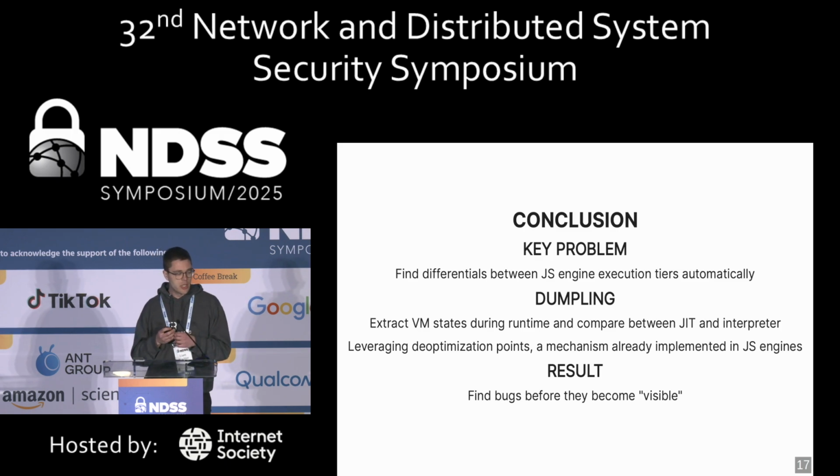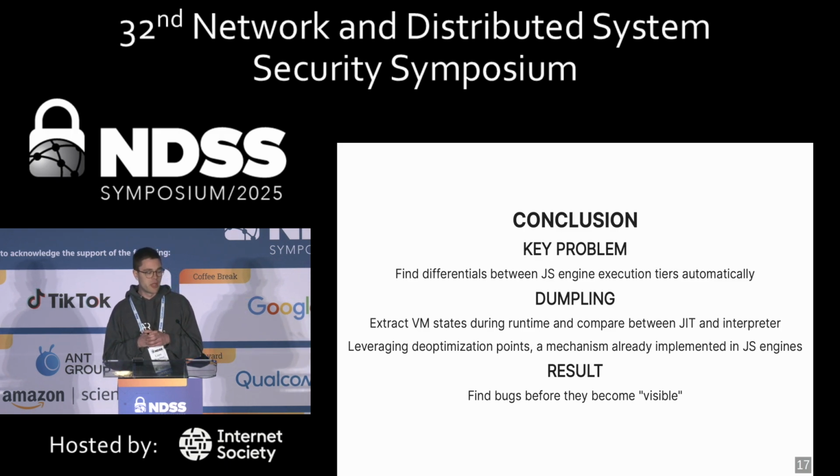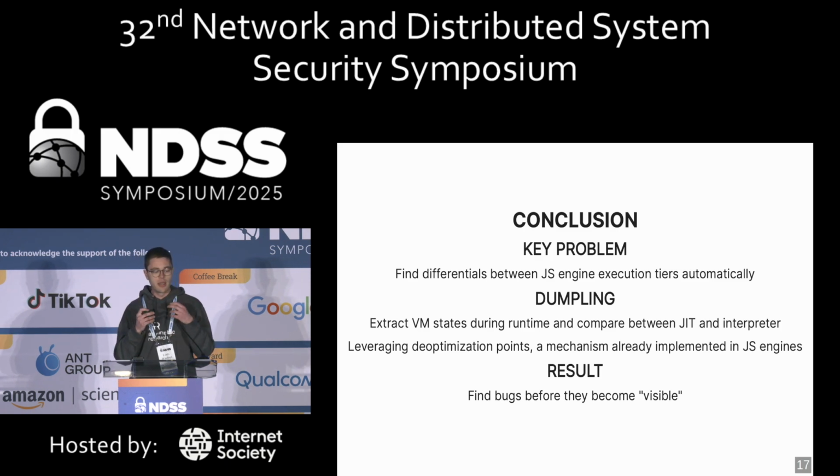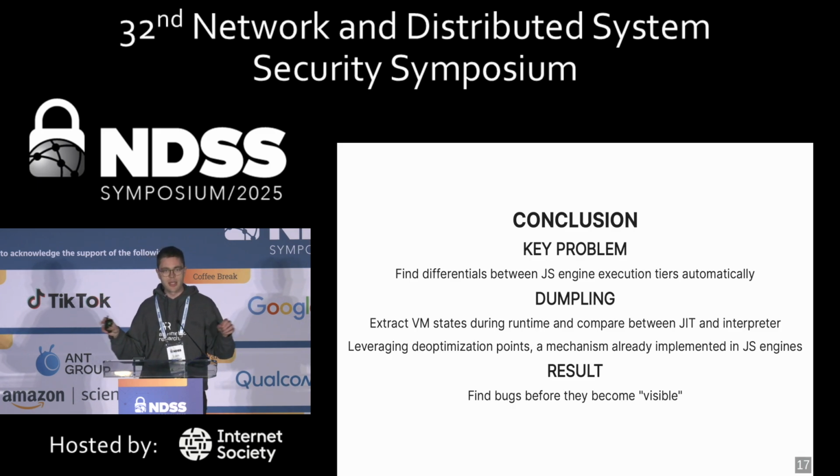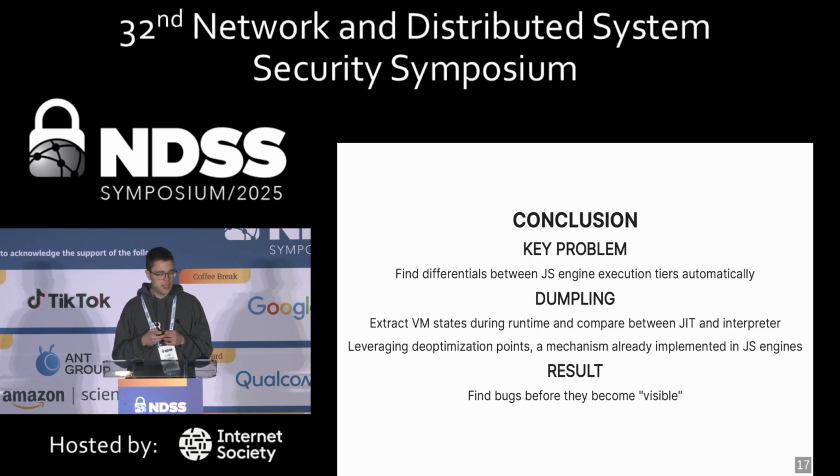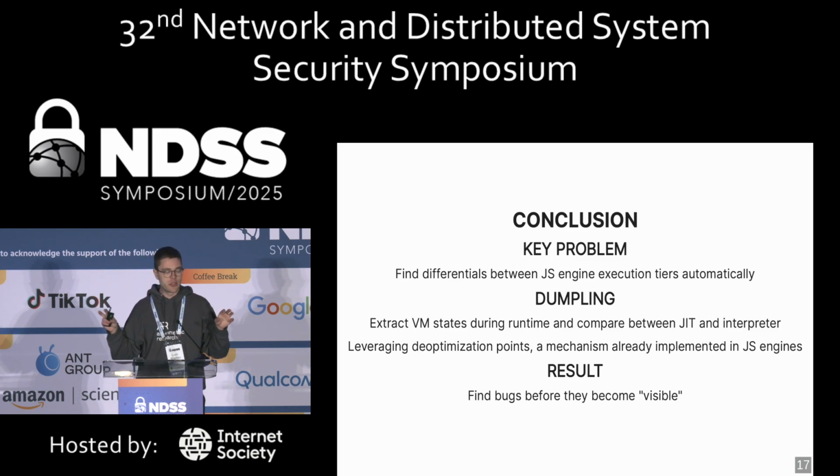To conclude, the key problem we wanted to solve with Dumpling is finding differentials between JS engine execution tiers automatically. And with Dumpling, we managed to do this by extracting VM states during runtime at a high frequency from both JIT and interpreter, and having an algorithm to compare them.